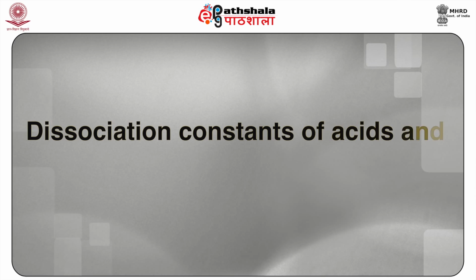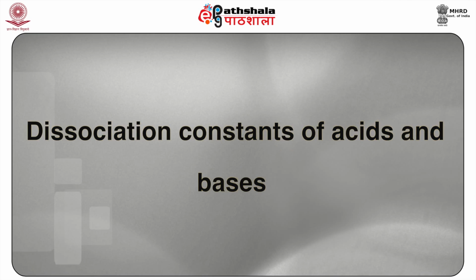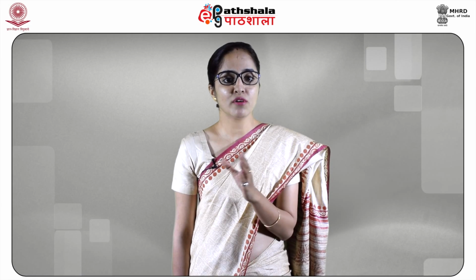Now, we come to the third aspect, which is the dissociation constants of acids and bases. As you might have studied in past classes, the pKa of a compound can be determined by UV visible spectroscopy if either the acidic form or the basic form of the compound absorbs UV or visible light.